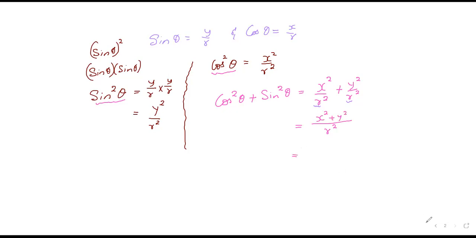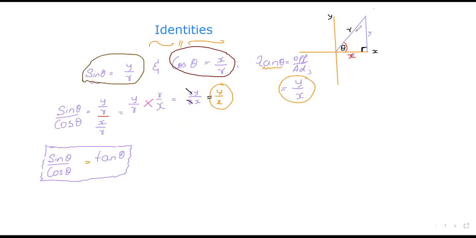Now let's go back to our initial diagram here. Now this is a right-angled triangle, and by Pythagoras theorem, hypotenuse squared is equal to the sum of the squares of the remaining sides. These are the remaining sides. Therefore, r squared is equal to x squared plus y squared. This is what you see here.